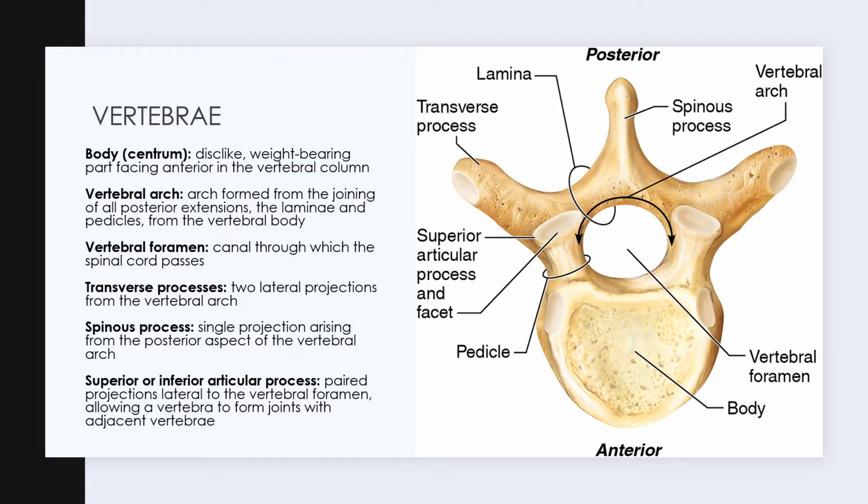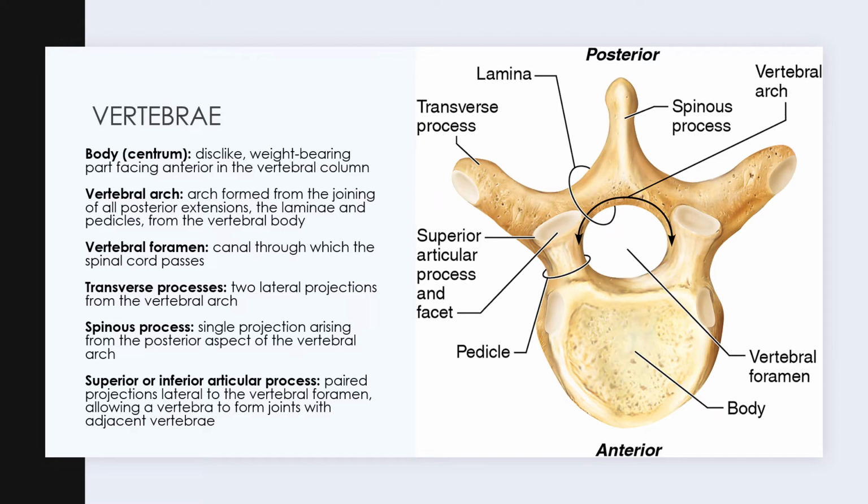Transverse processes are the 2 lateral projections from the vertebral arch itself. The spinous process is a single projection arising from the posterior aspect of the vertebral arch. So you can see that at the back, the posterior aspect of the vertebrae. Superior and inferior articular processes are paired projections lateral to the vertebral foramen, allowing the vertebrae to form joints with the adjacent vertebrae.